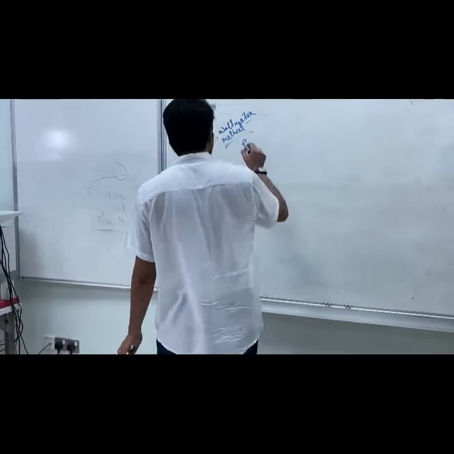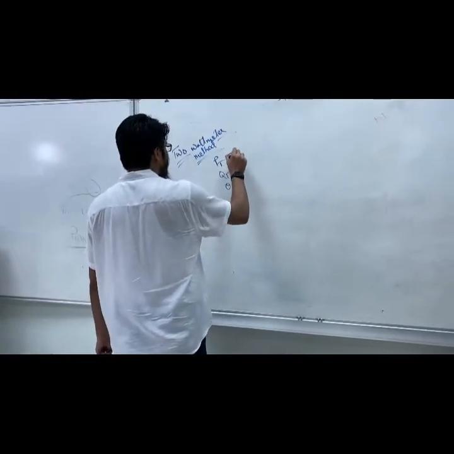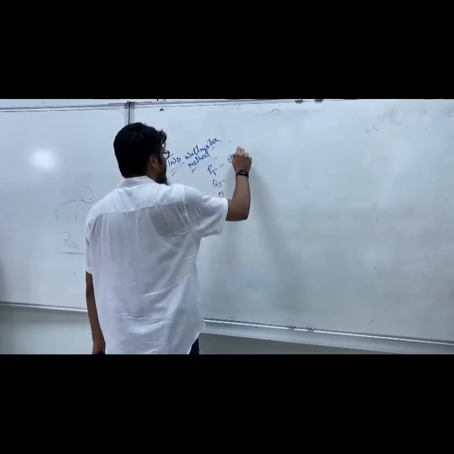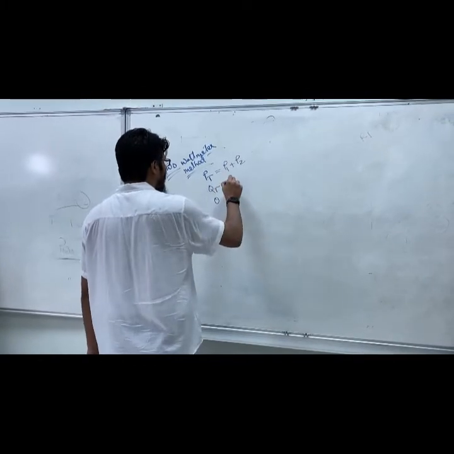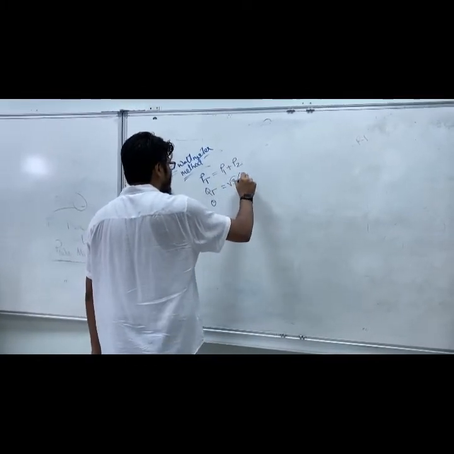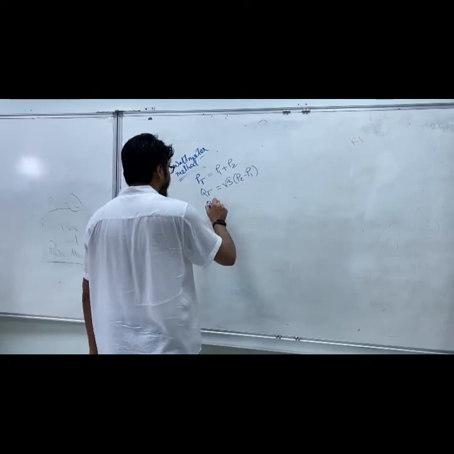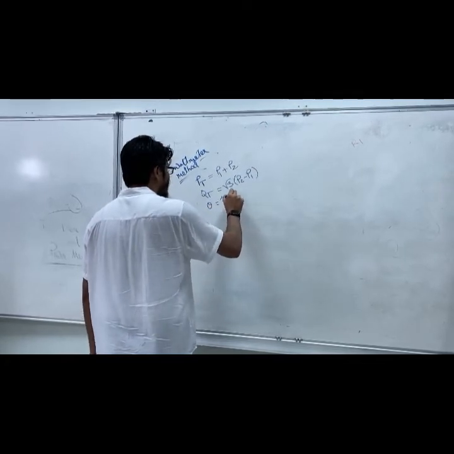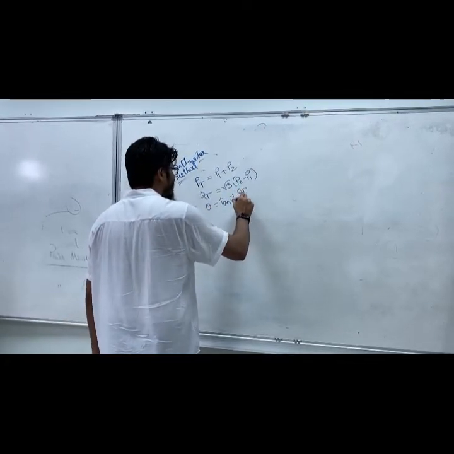Can you remember the equations? PT was P1 plus P2. QT was root 3 times (P2 minus P1), and theta was tan inverse of QT divided by PT.